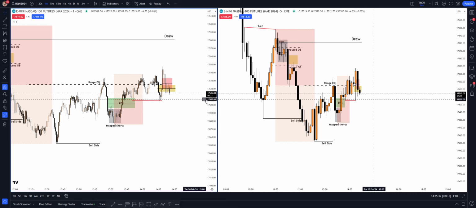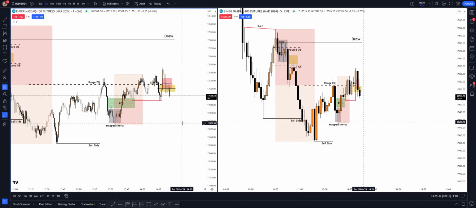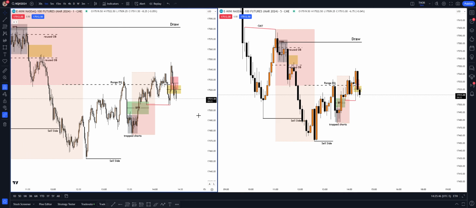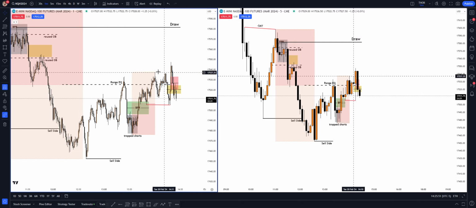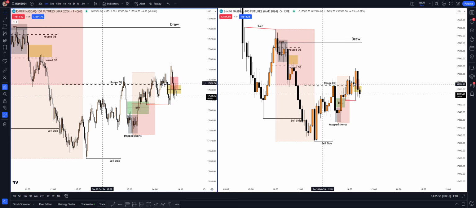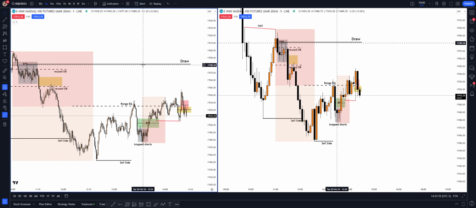We're just chopping around the equilibrium right now. These are the conditions where you would like to avoid trading, basically. EQ, going back and forth, back and forth. This is the seek and destroy model, a seek and destroy profile at range equilibrium. I'm still thinking the drawn liquidity is this buy side here.